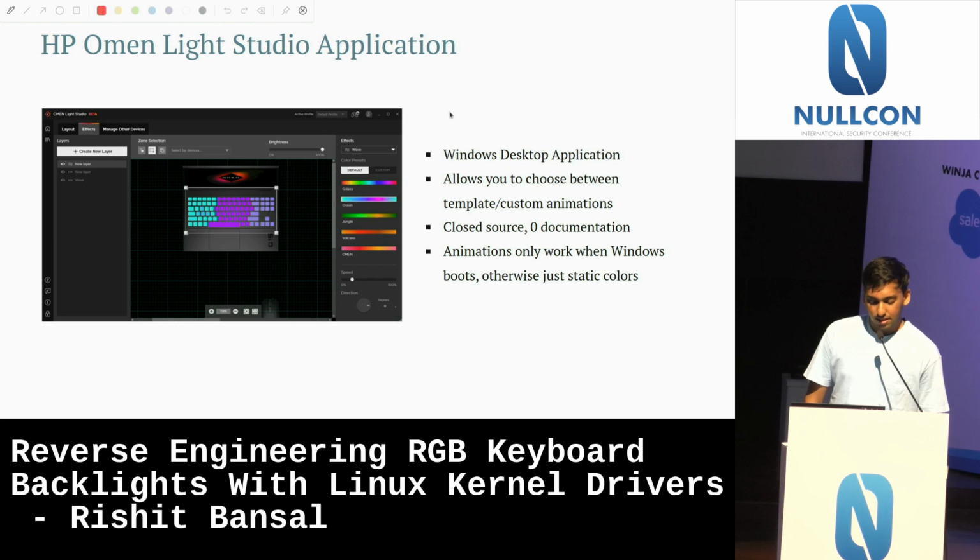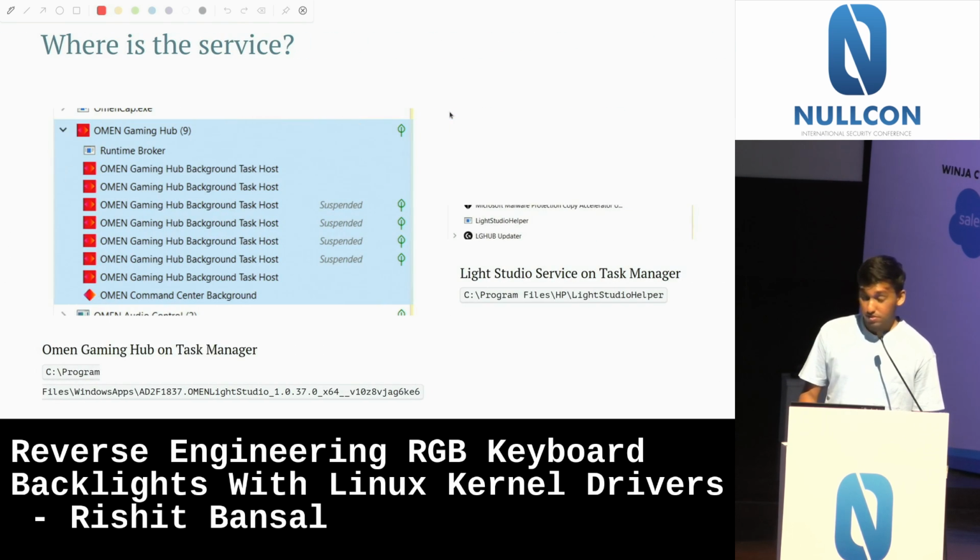The animations only work on this application when you're booted into Windows. So if I'm not booted into Windows, it will just show the last thing the backlight was showing. So this will be an important point we'll take advantage of later to figure out what's happening. So yeah, starting with how I reverse engineered it.